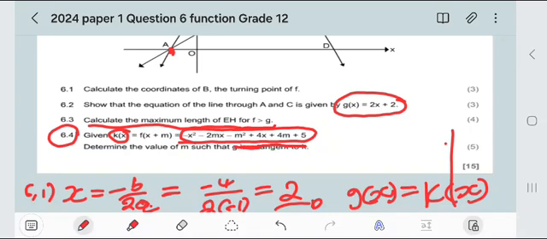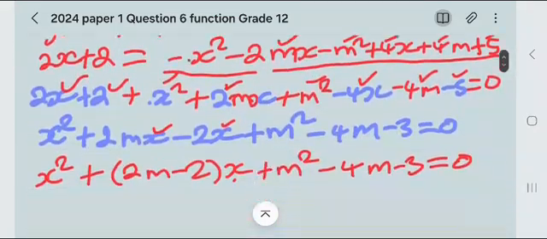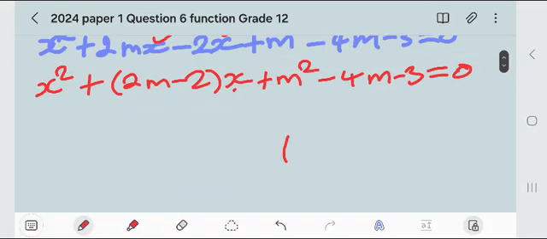Now we are done with this part here. But now we should determine the value of m. This is the tangent, and a tangent has one contact, one solution there.